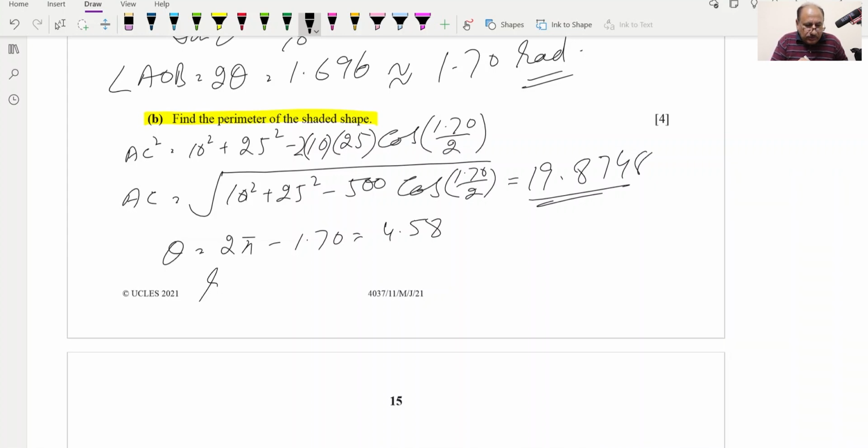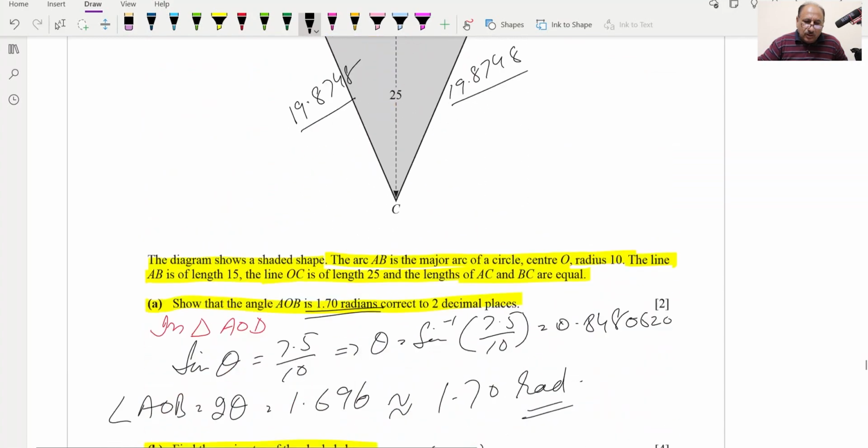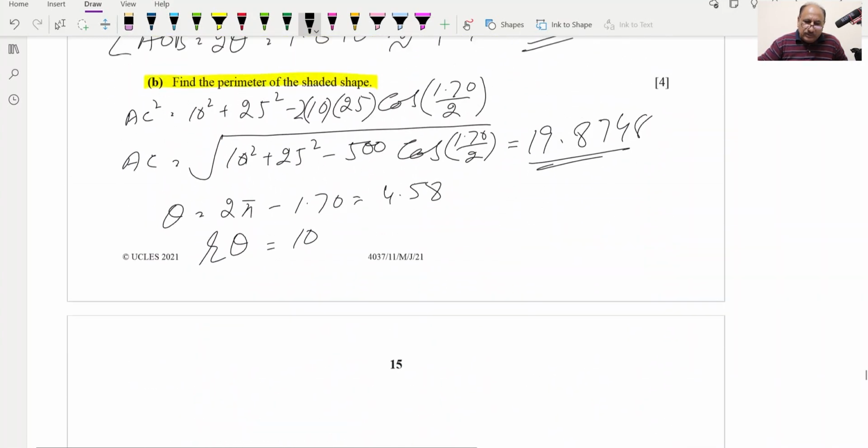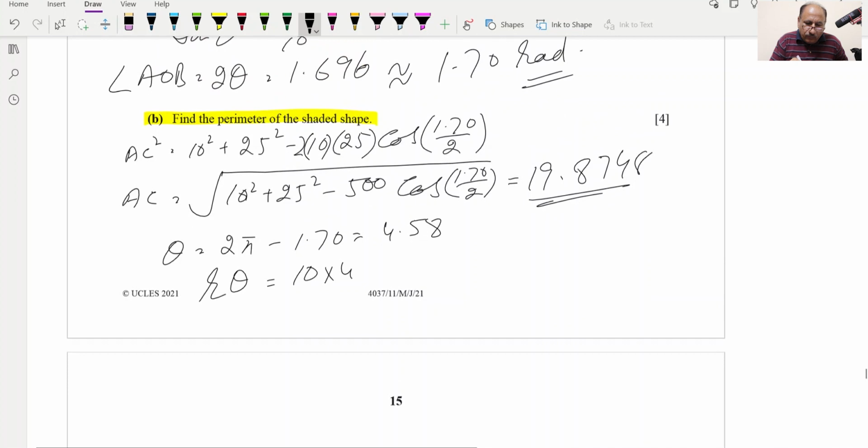So r theta is the length of the major arc. This will be equal to 10, which is the radius r, and theta is 4.58. So this will be 45.8. This will be the r theta value.